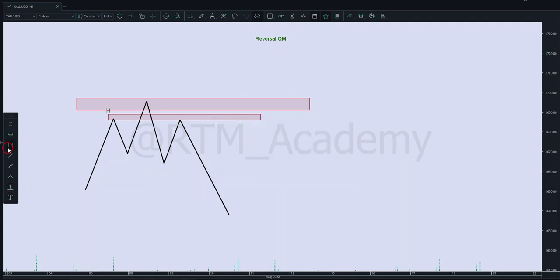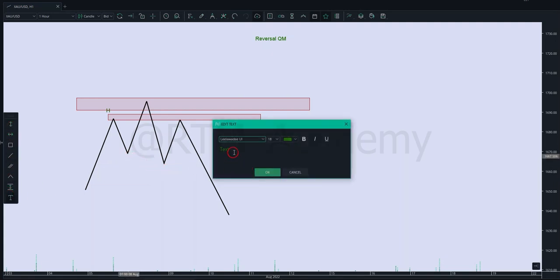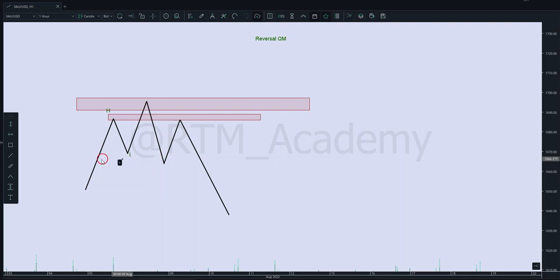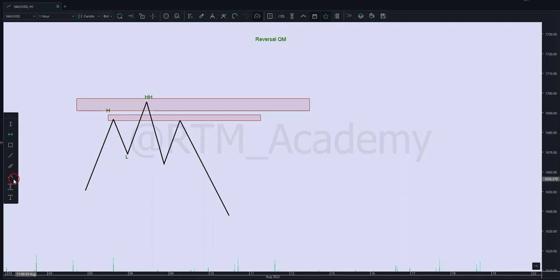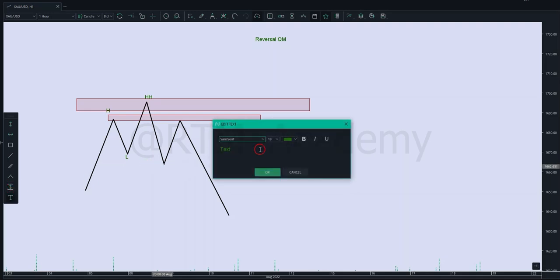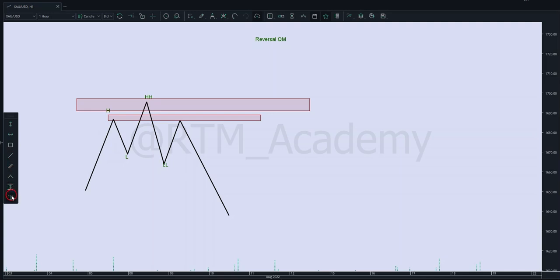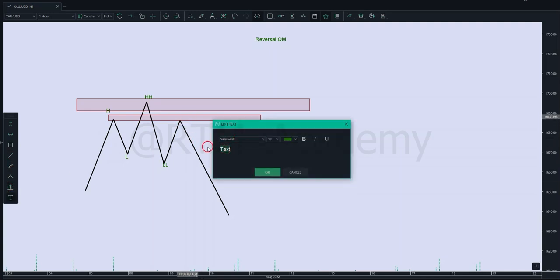It is high, low, and higher high here, and the lower low. So here is our QM level.